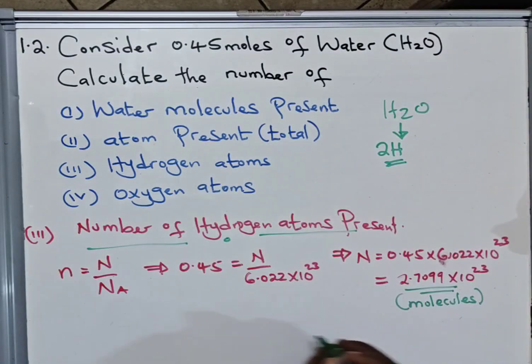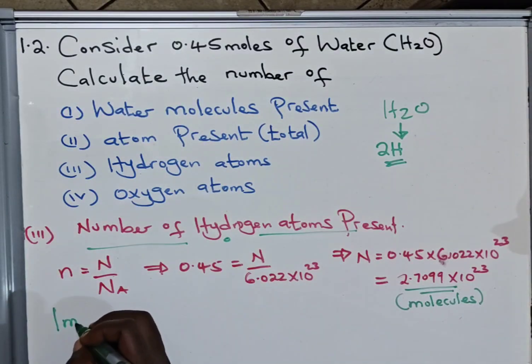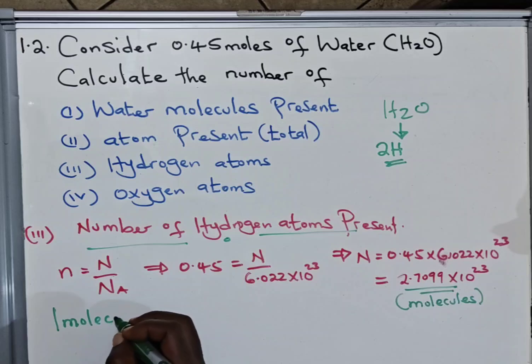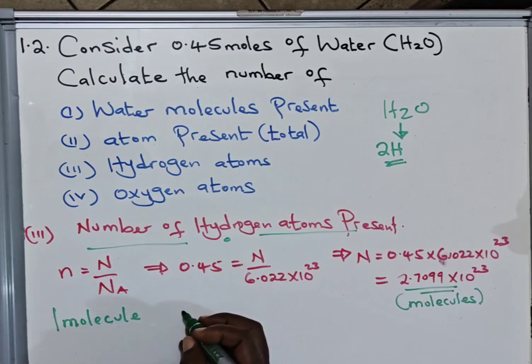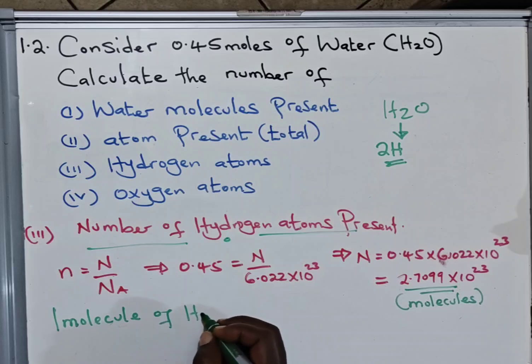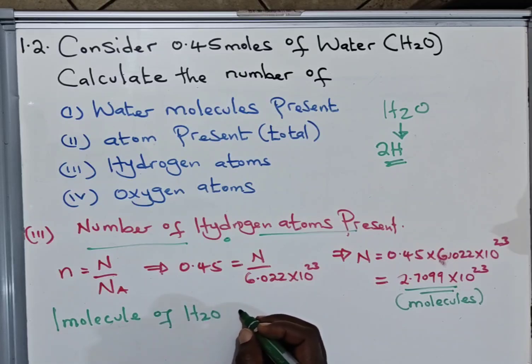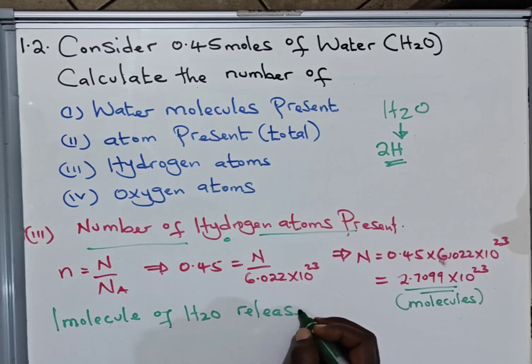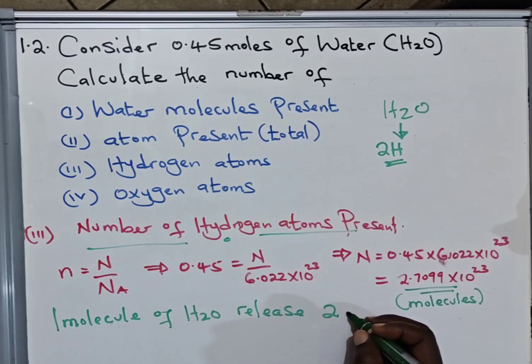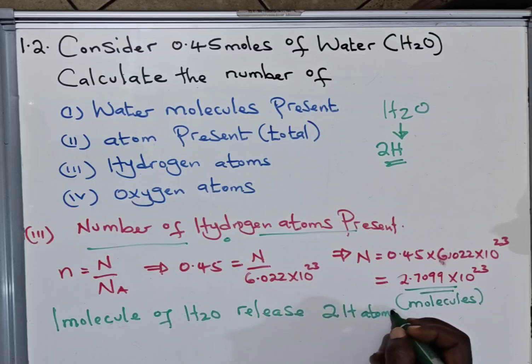So in other words, 1 molecule of water has 2 hydrogen atoms. That's from the formula.